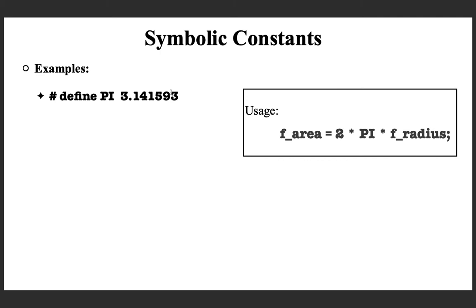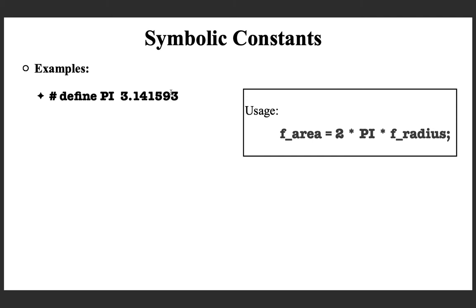Another reason is, suppose in your program you want to use a constant and the outcome of your program is going to depend on the value that you use for that constant, which you don't know exactly. Maybe you know that it may be 3.14 or maybe 3.56.